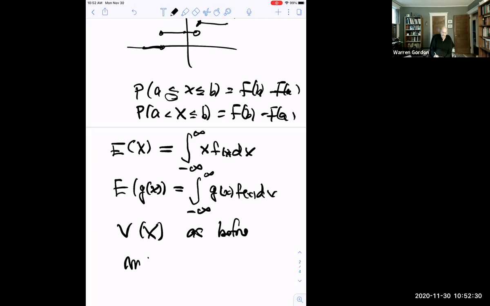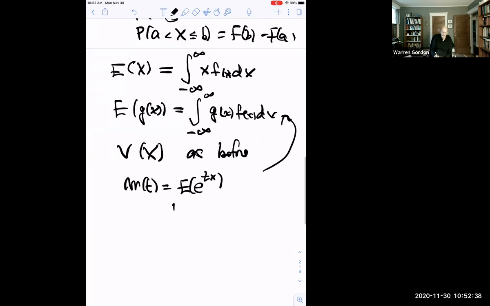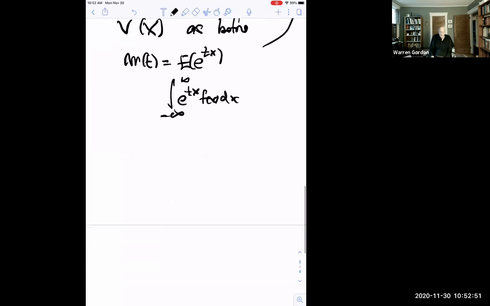The moment generating function is E to the tX. Substituting in here, that's just the integral from minus infinity to infinity of e to the tx f of x dx.